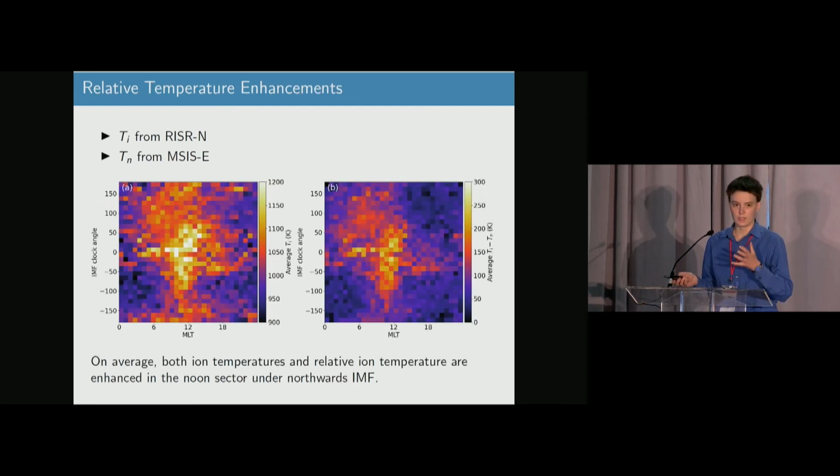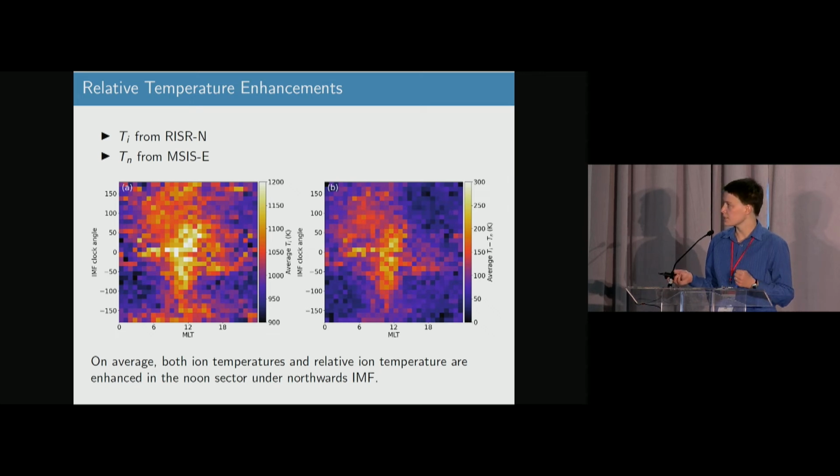And that produces something like this. So you have local time, MLT, on the x-axis, clock angle on the y-axis. 0 is northward IMF, 12 is noon. TI from RISR-N, TN from the standard MSIS-E neutral model. So you can see, here this plot is just TI. This is relative TI, so you subtract out the neutral temperature.